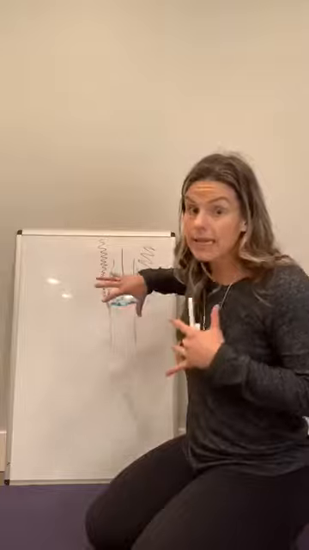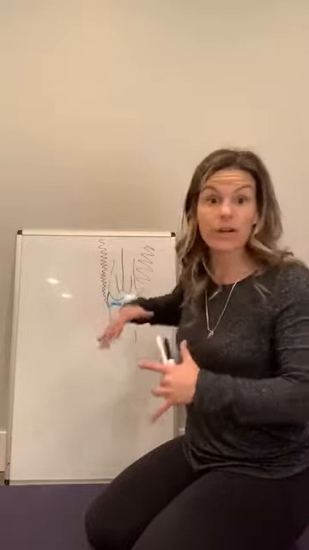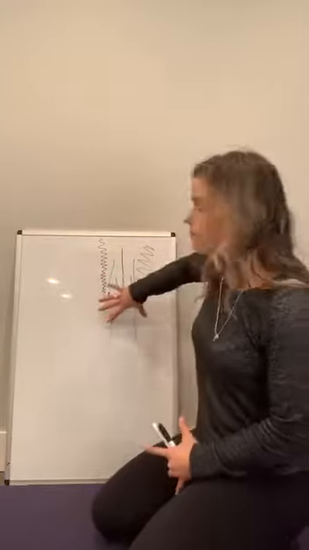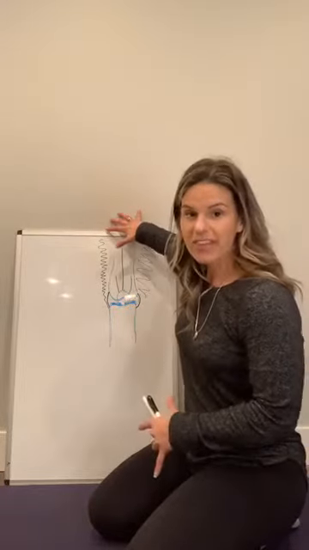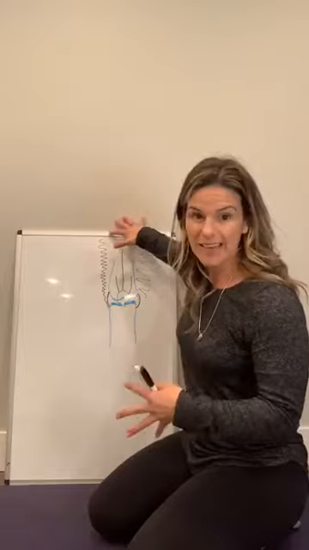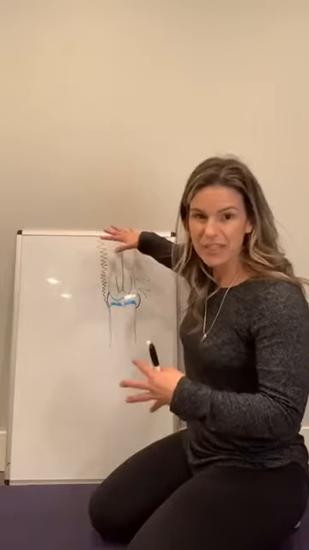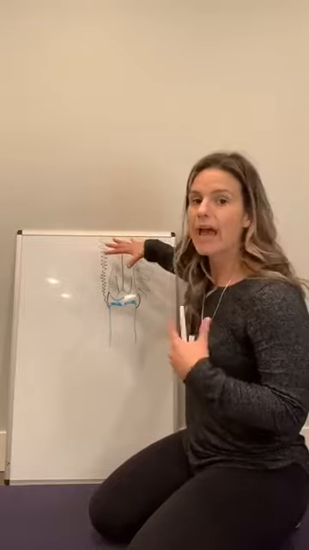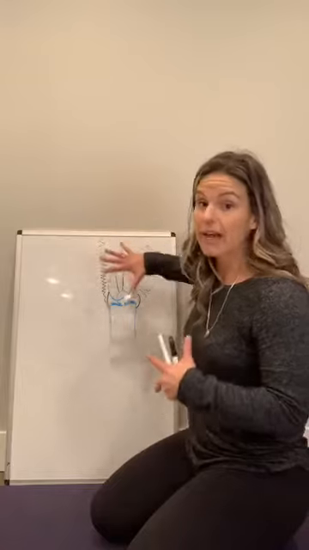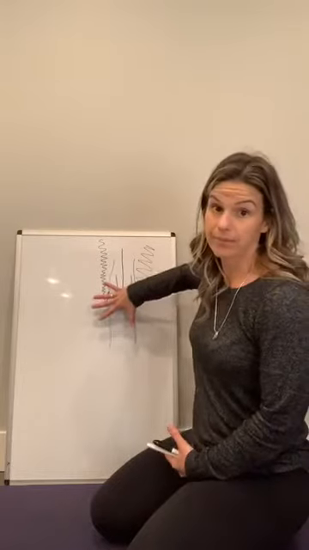It needs to be stable, or else it doesn't function properly. But the joints above and below it, your hip and your ankle, are more mobility and flexibility joints, and strength is also important. But in your hip, if you don't have full mobility and full flexibility, it can have a huge impact on your knee.